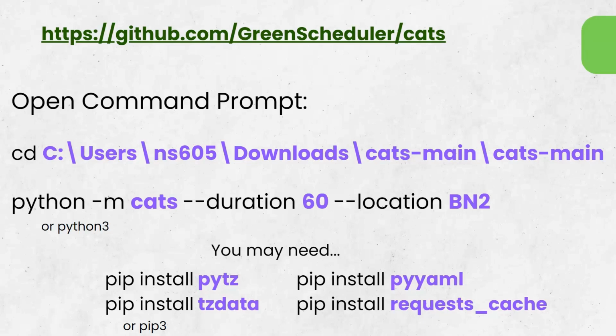For me and Charlotte, on both Windows and Mac, we've been able to get it to work by installing these four modules, which you do through pip installing in your command line. So feel free to have a little play around with that, just for the next 5 minutes or so, and then we'll come back.